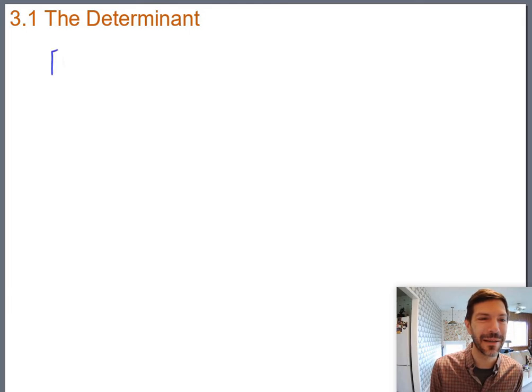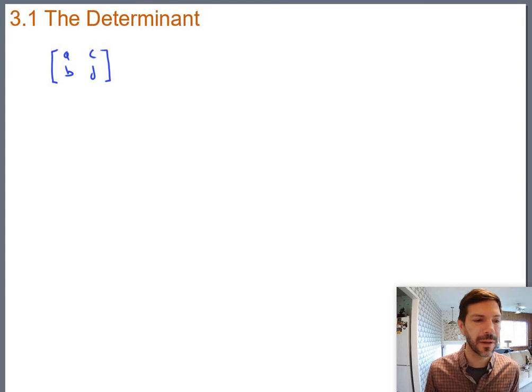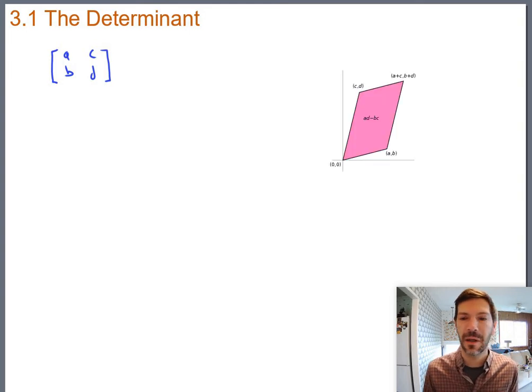The basic idea is, in the 2 by 2 case, if you've got some 2 by 2 matrix, then the determinant actually gives the area formed by the parallelogram.